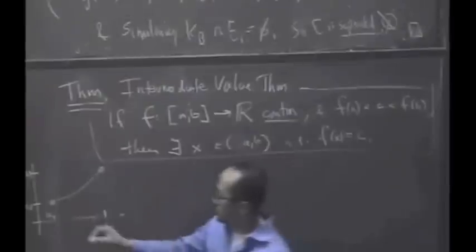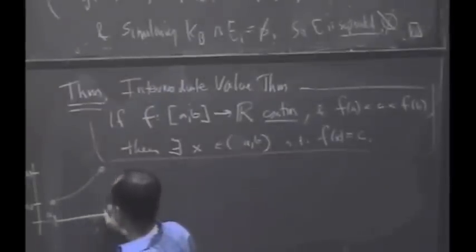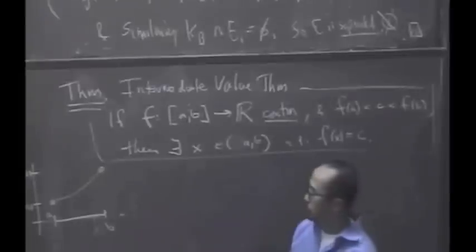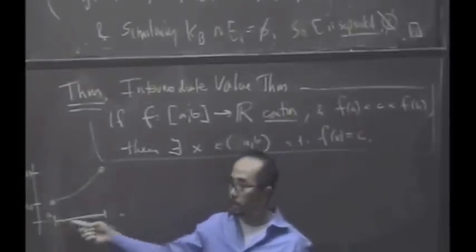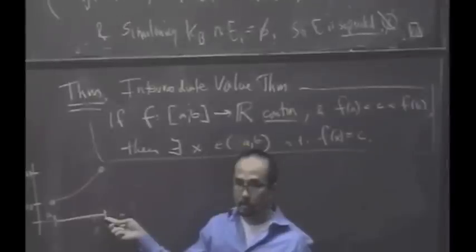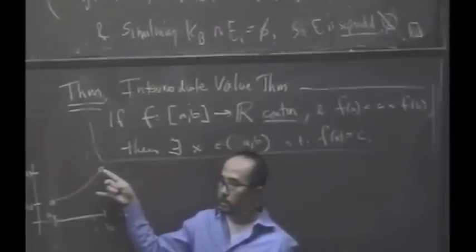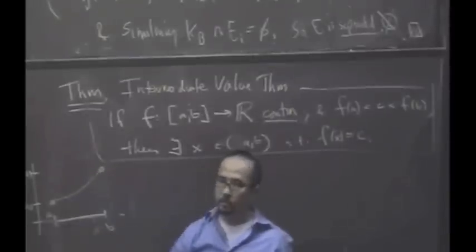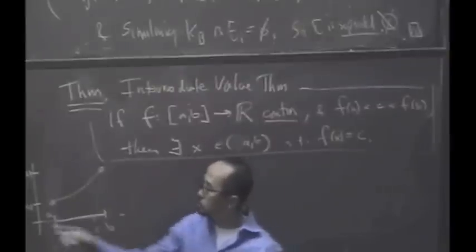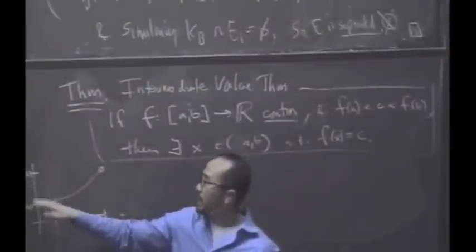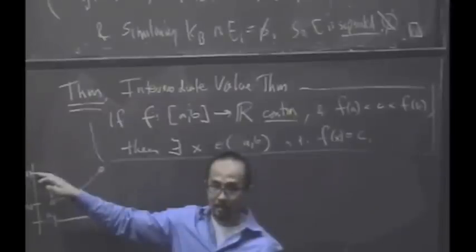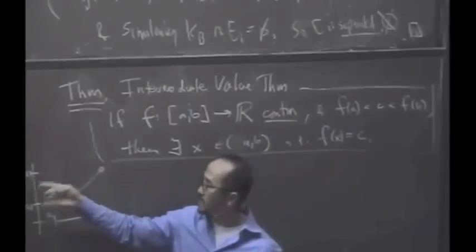So let's see. Maggie's looking at this and saying, oh, look, I have a connected interval, [a,b]. Its image is connected. Suppose the image never hits C, but it hits f(a) and f(b). Then the image would be disconnected.